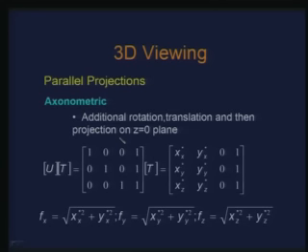So, by combining some transformations like rotation and translation before you perform the standard orthographic projection, it can actually render the three-dimensional aspects of an object.